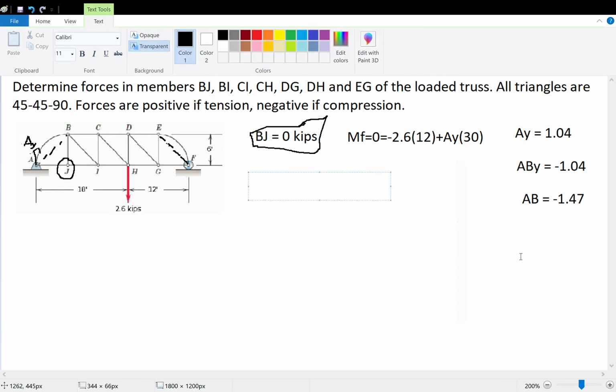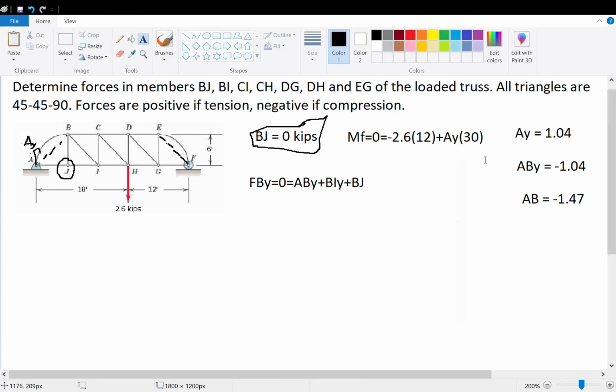So I'm going to do a net force about B in the y direction, which is going to be equal to 0, which is equal to ABY plus BIY plus BJ. But BJ is equal to 0.